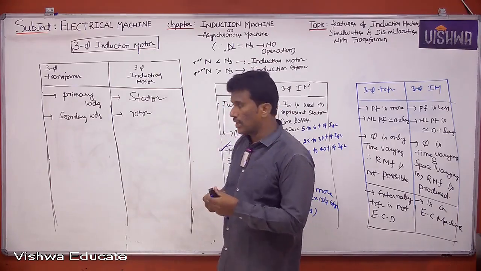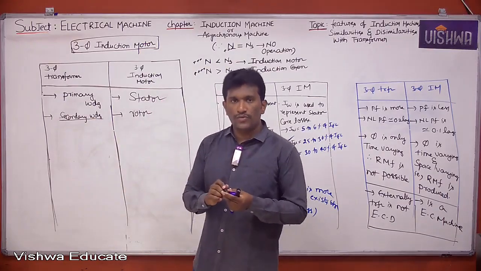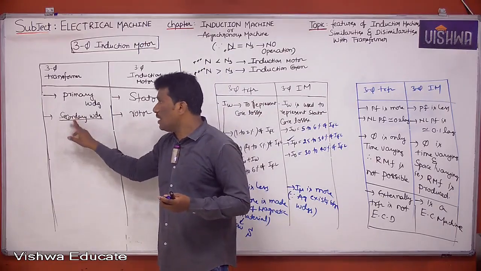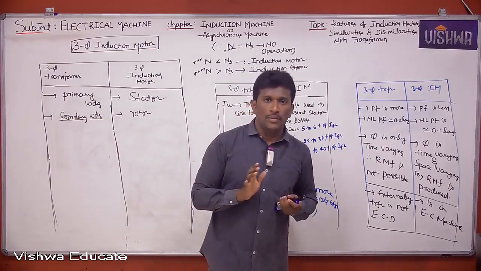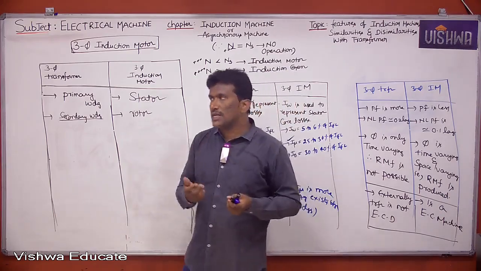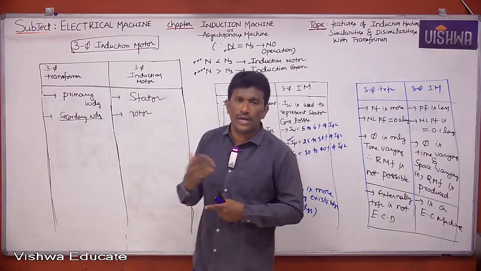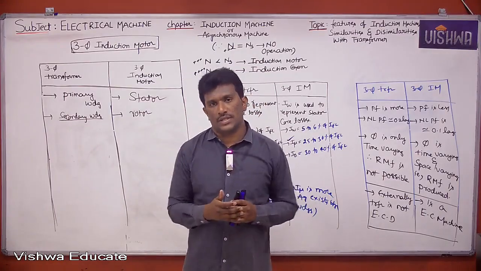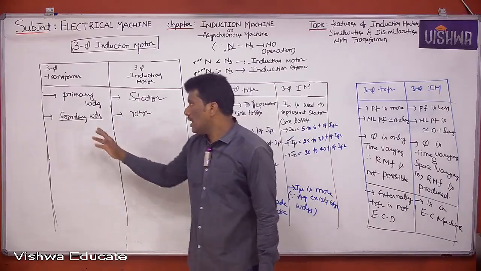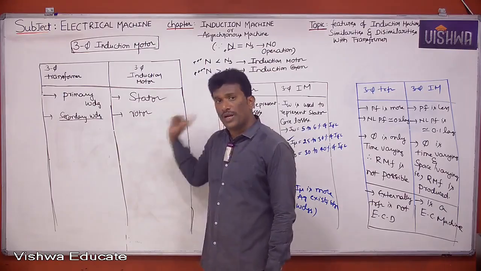Can I short circuit the secondary winding here? To be frank, you should not; the secondary winding should never be short circuited. Because if you short circuit the secondary winding, where can you apply load? Okay, you may think that during the SC test we short circuit the secondary winding. That is a different case, for finding the full load copper losses. I am asking generally, can you short circuit the secondary winding? No. But here the rotor should be short circuited.